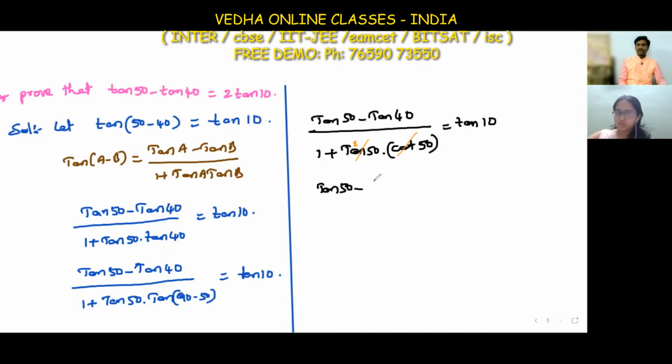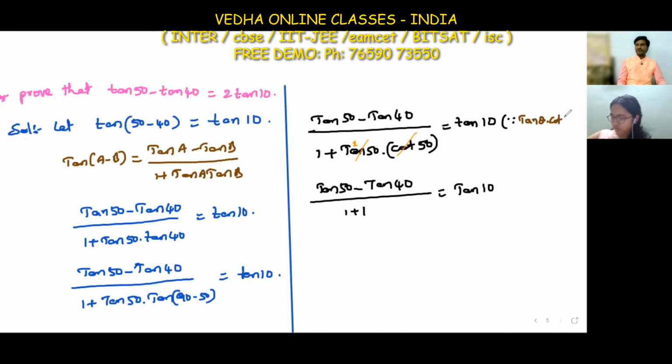So that is nothing but tan 50 minus tan 40 divided by 1 plus 1 equals tan 10. Here, since the formula tan theta into cot theta equals 1, they are reciprocals of each other. So 1 plus 1 is 2.